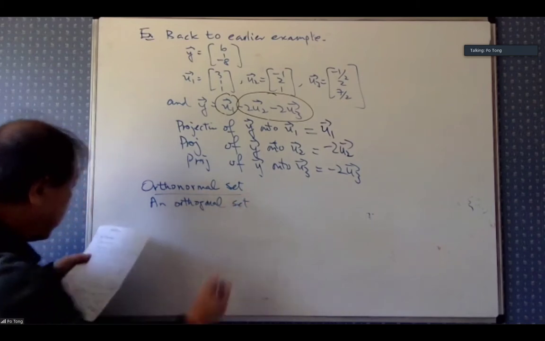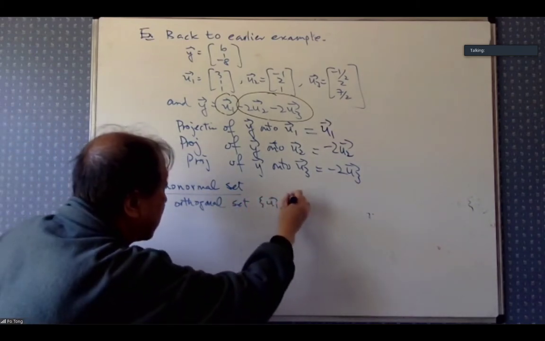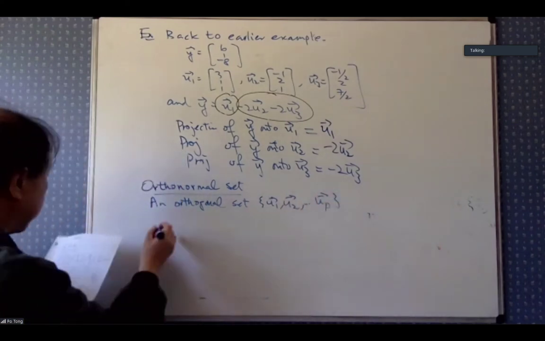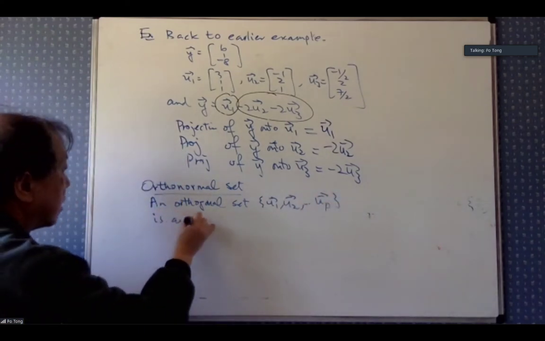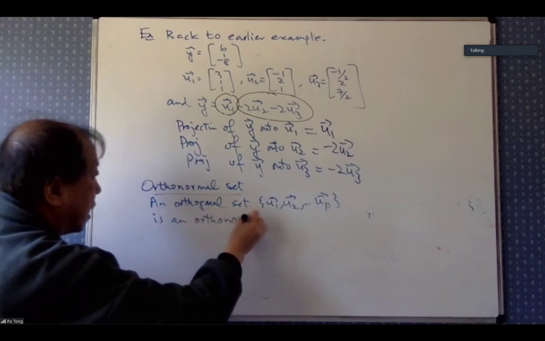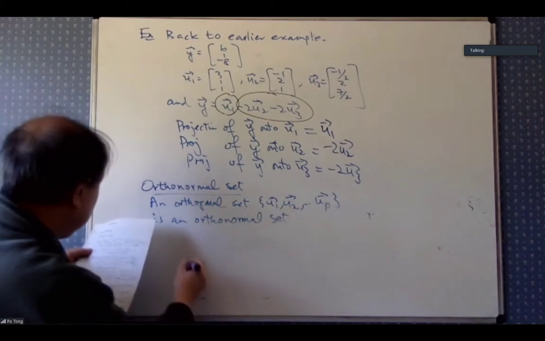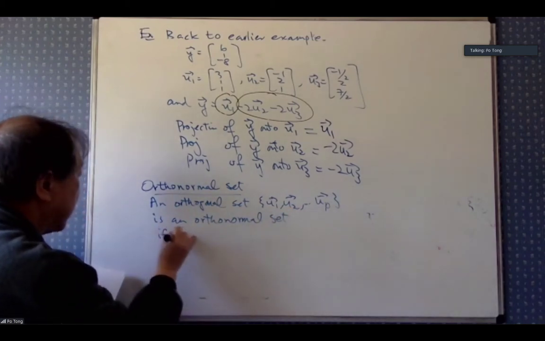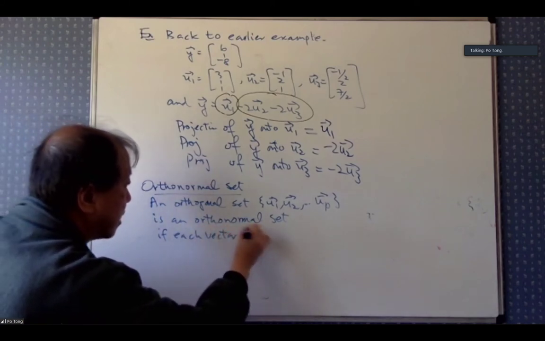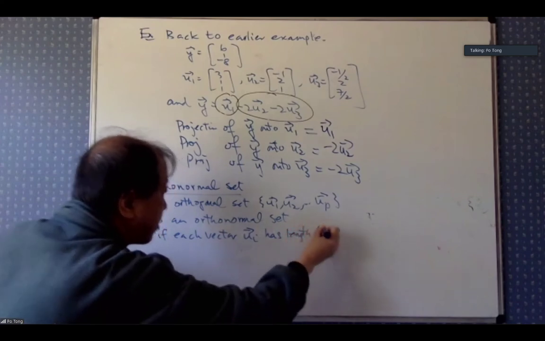An orthogonal set is an orthonormal set if each vector ui has length 1.